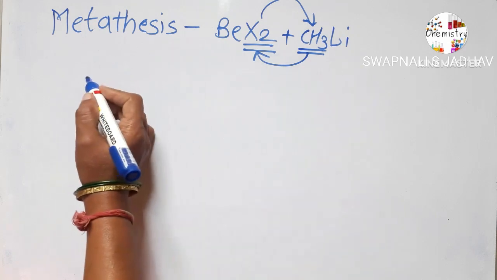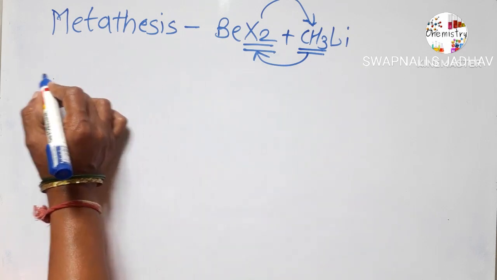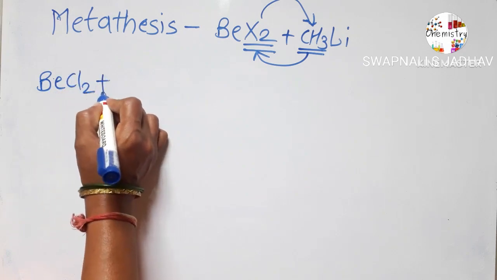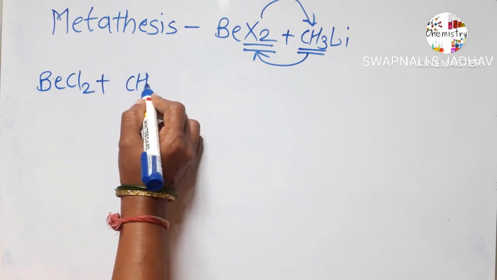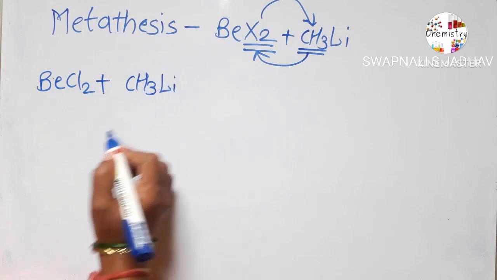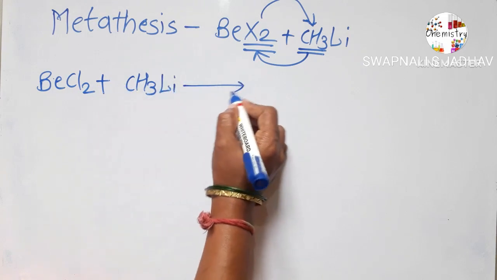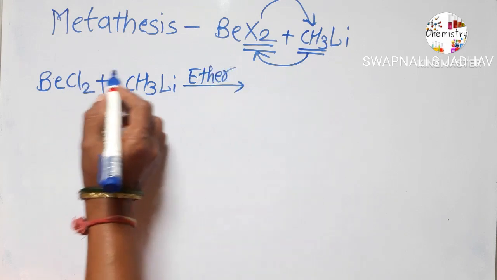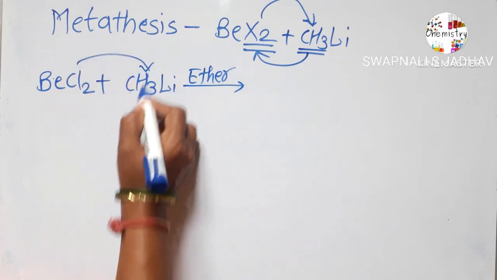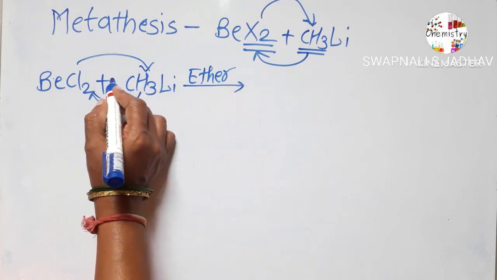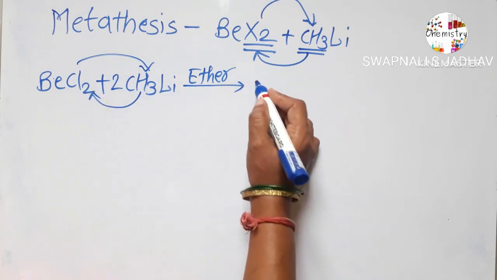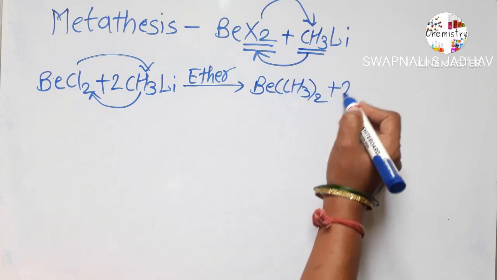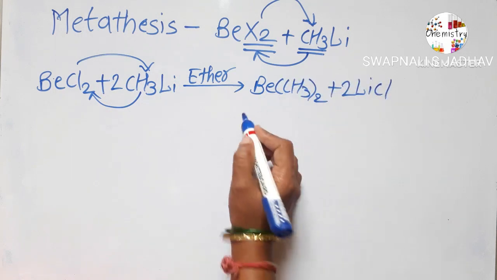For example, when beryllium chloride is reacted with methyl lithium in presence of ether, exchange takes place. There is formation of Be(CH3)2 plus 2 LiCl.